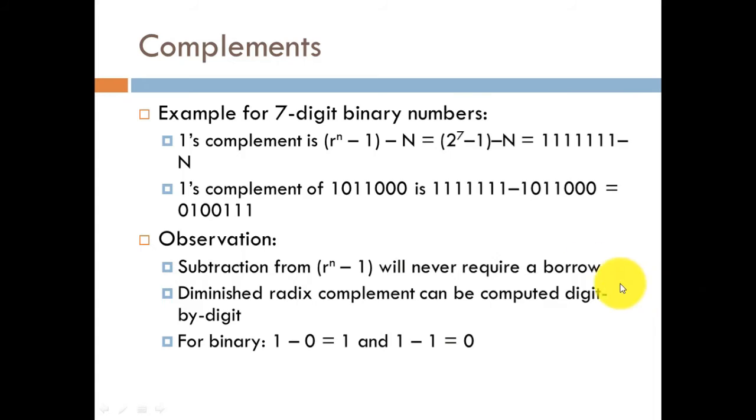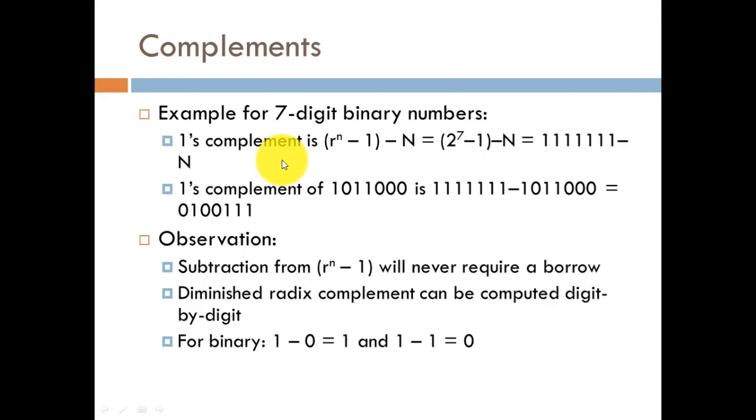Now, continuing our discussion, let us consider an example for a 7-digit binary number. How are we going to calculate its diminished radix complement, or R minus 1's complement? The base value in the binary number system is 2, and R minus 1 is 2 minus 1, so we will have the 1's complement.